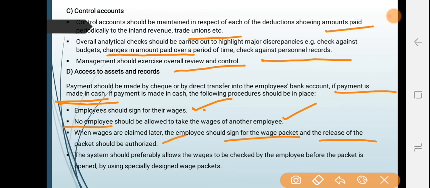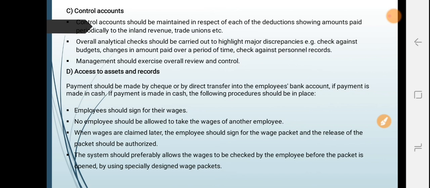The system should preferably allow the wages to be checked by the employees before the packet is opened, by using a specially designed wage packet. Okay, I think you are able to understand this. Okay, this all includes how exactly they have to manage particular systems.